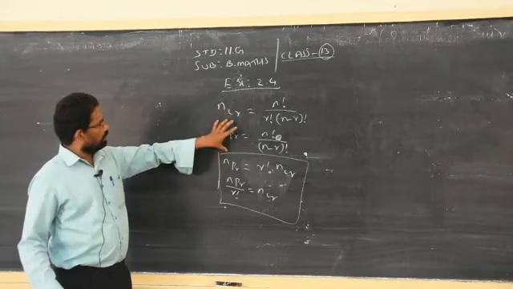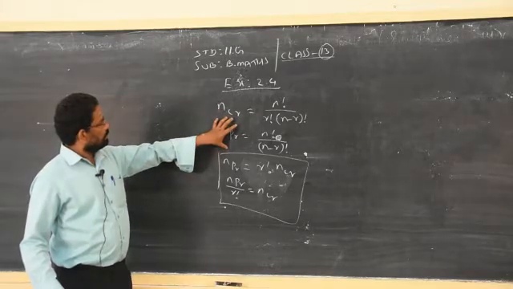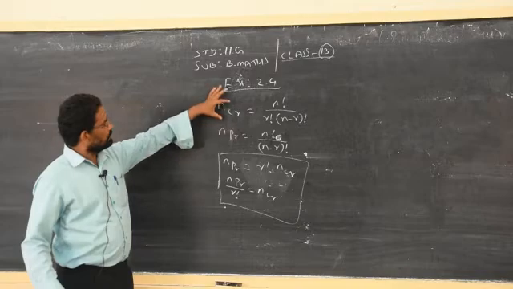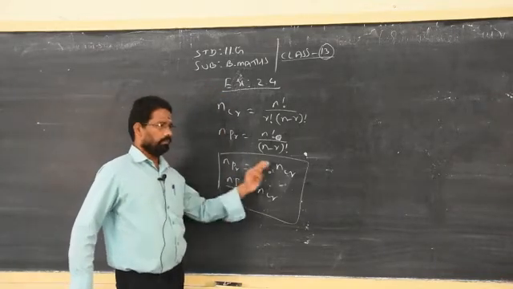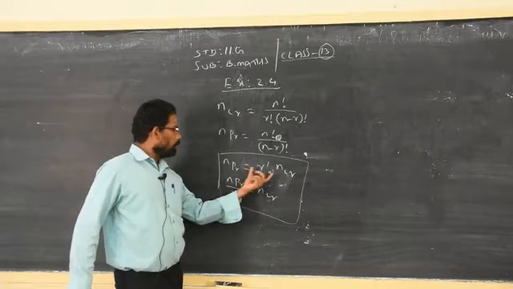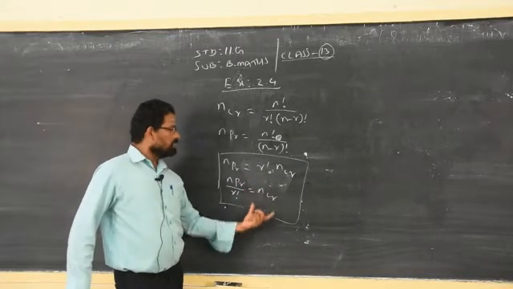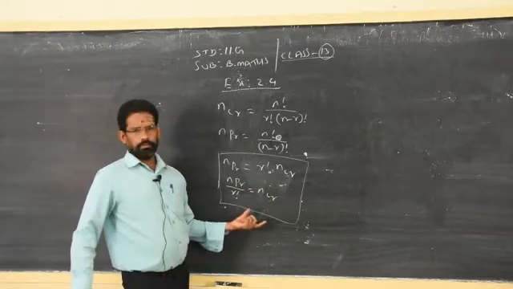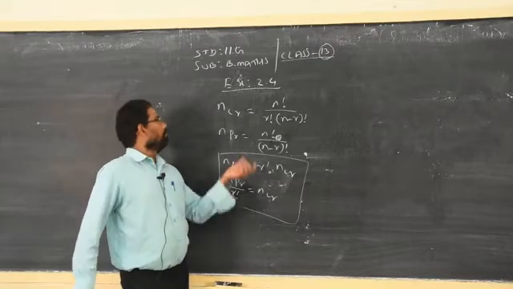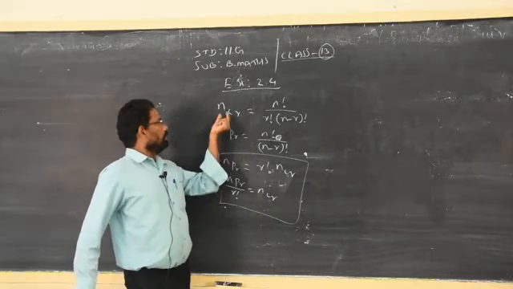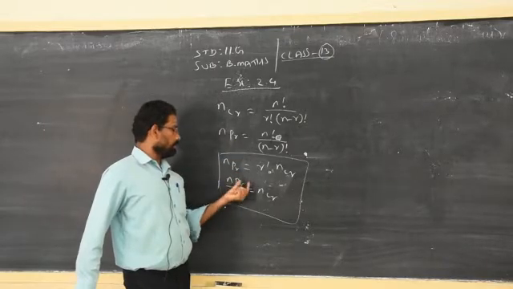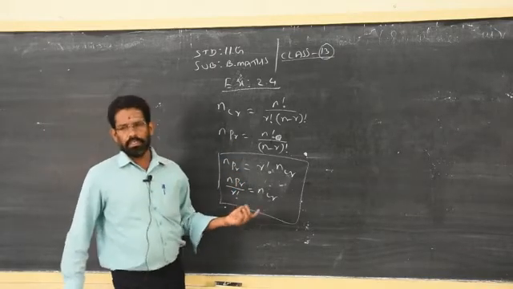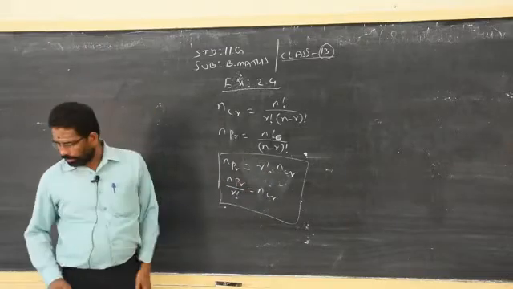I just bring to your notice what NCR and NPR are, and the relation between NCR and NPR. Clear? These two formulas, depending upon the question, you have to take.